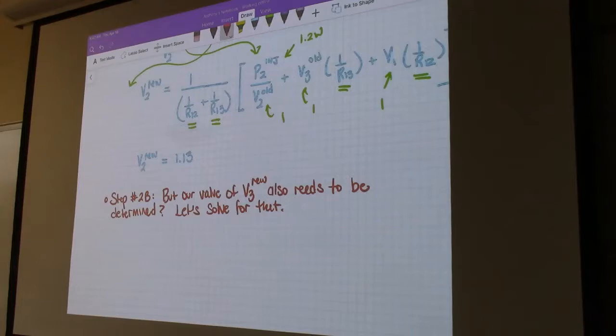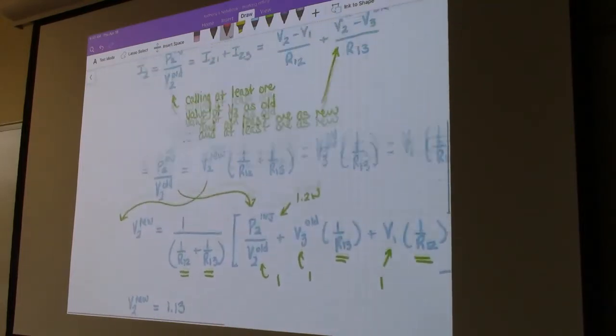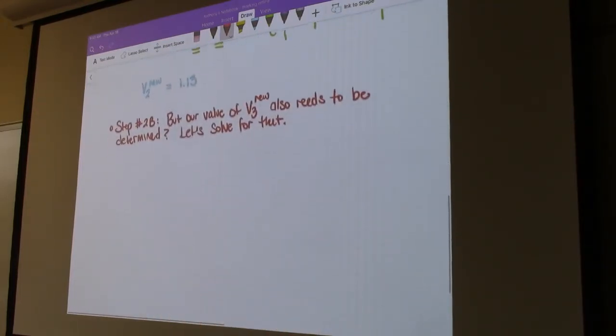But we also have to do the same thing for V3. And so we're going to set it up in exactly the same way.